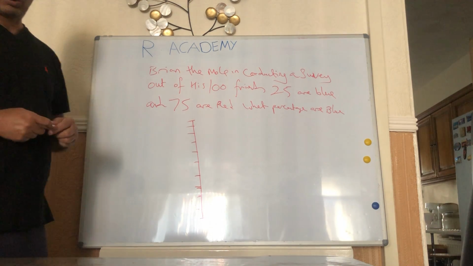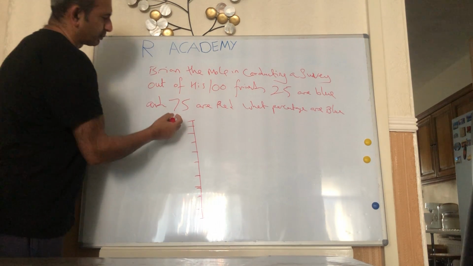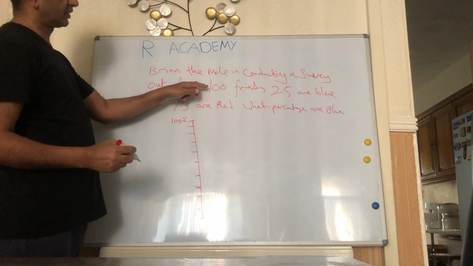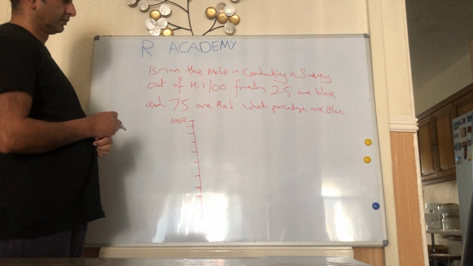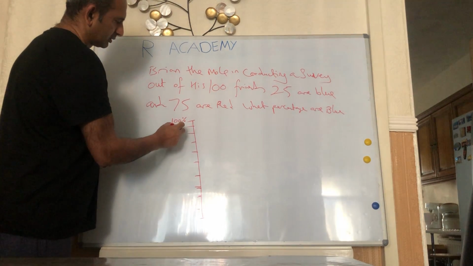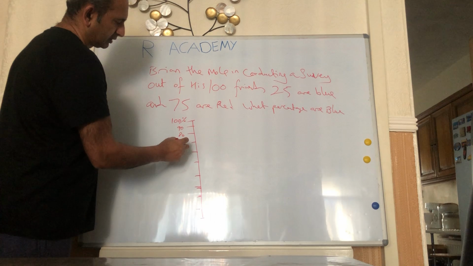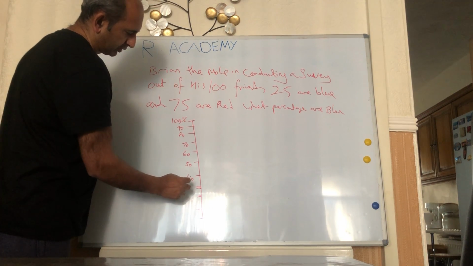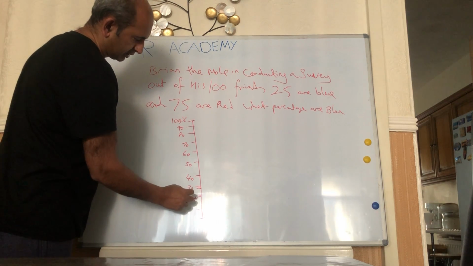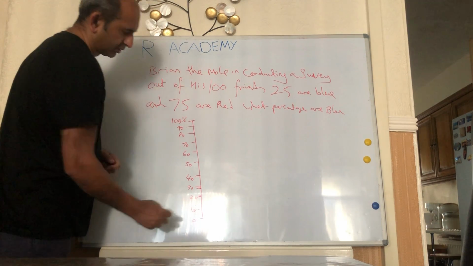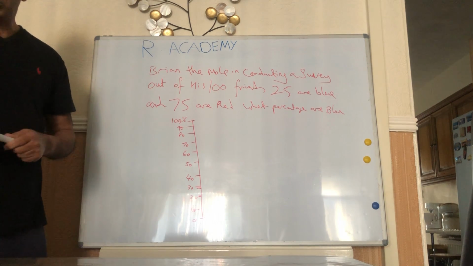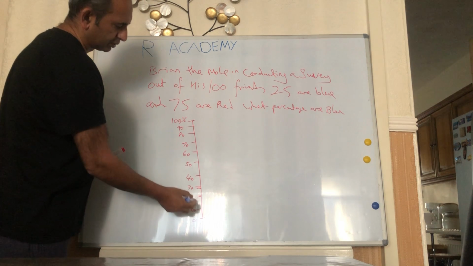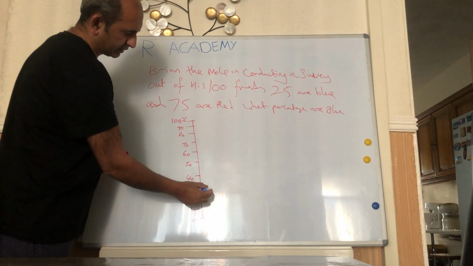So now this is 100%, which is 100 friends. And then we have 90, 80, 70, 60, 50, 40, 30, 20, 10, 0. So basically, if you put your friends in blue, it relates to 25. That's what it says.